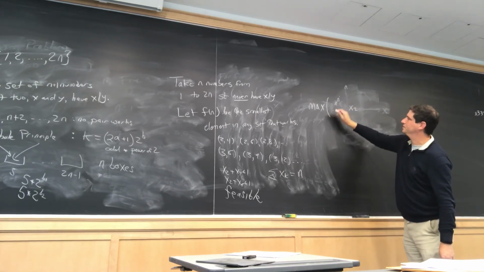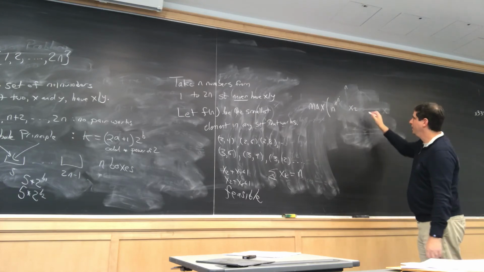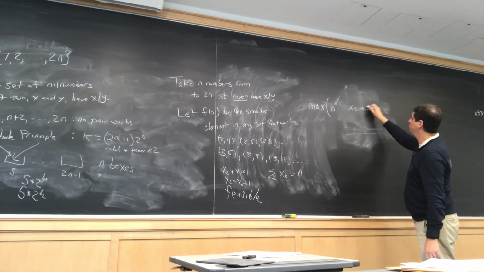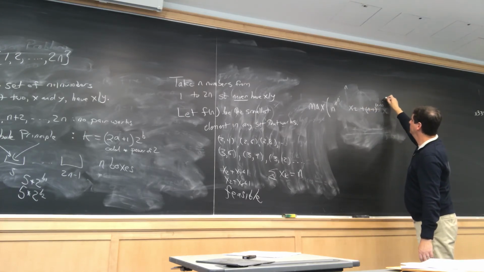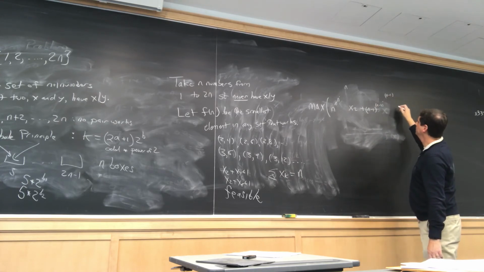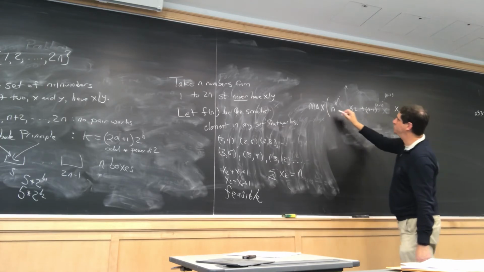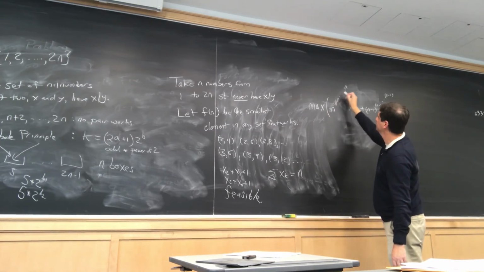Oh, we'll start with this. And then we'll have n minus 1 to the n minus 1, n minus 1, x. Oh, I guess maybe I should be doing 2n because we go up to 2n numbers.